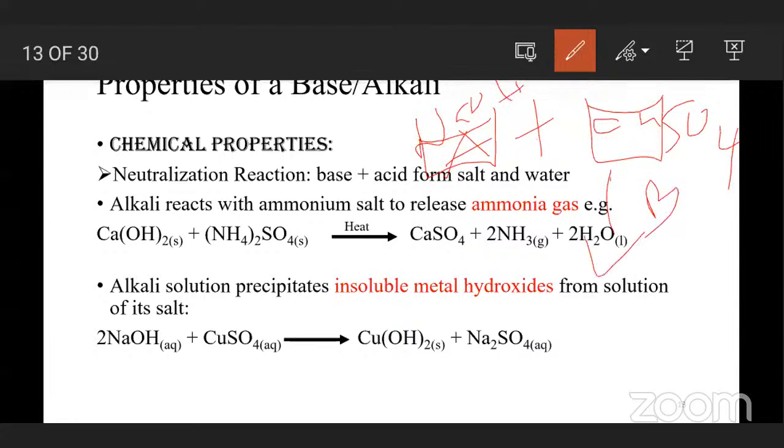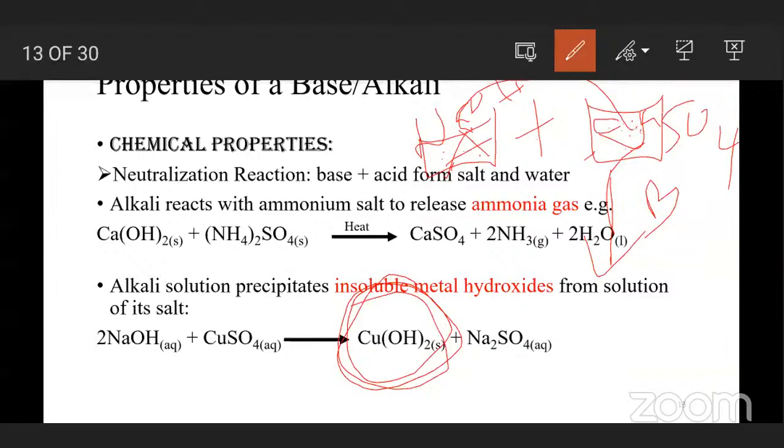If you mix these two solutions together, this is liquid, no solid inside. This CuSO4 also is liquid, no solid inside. But if you mix the two together, you observe that a solid particle will start forming at the bottom of the reaction vessel.